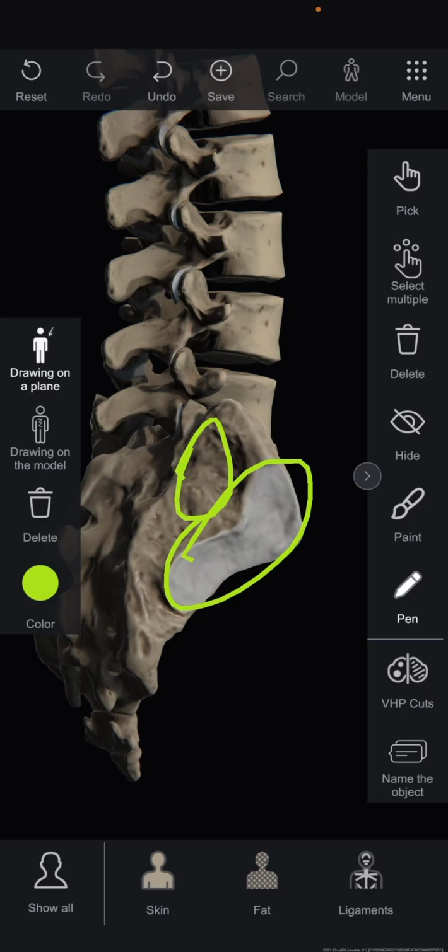Because auricle relates to the ear, and it is shaped like the human ear. It articulates with the hip bone of the lower limb, and they make the sacroiliac joint.